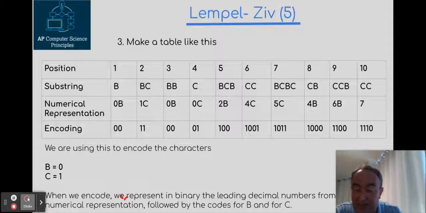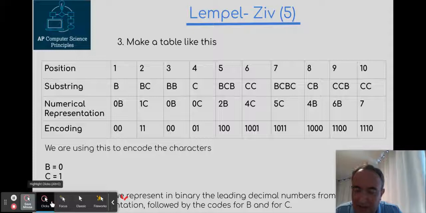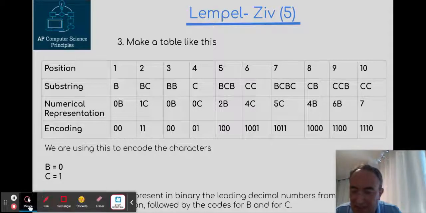And here's how this works. So I'm going to start at position number 1. The substring is B. I'm going to give it this numerical representation of 0 bit. This is the first character in the string, so it's not much I can do. However, once I made it to the second position here, I'm going to be on BC, right?